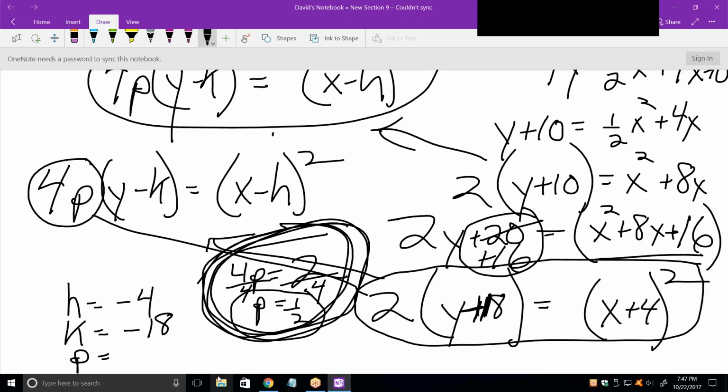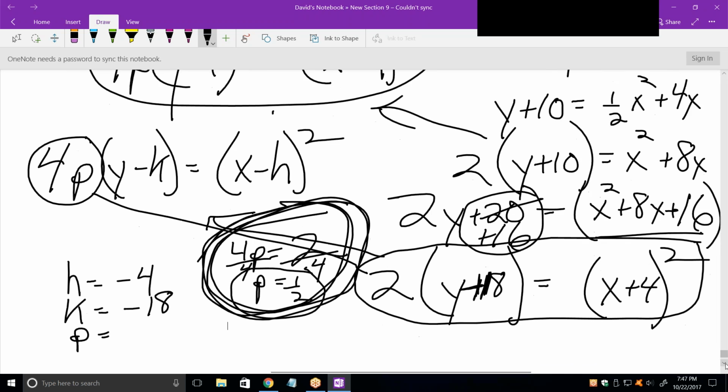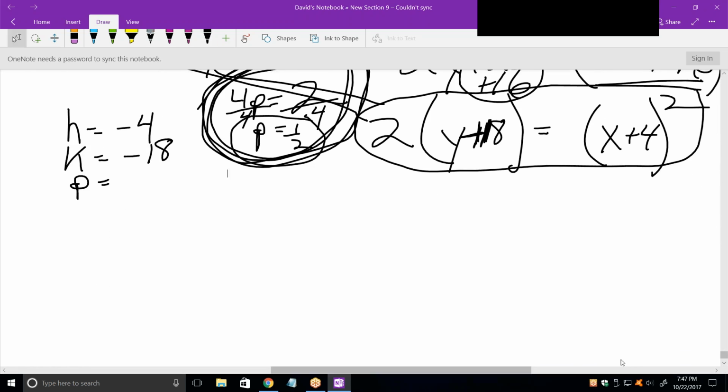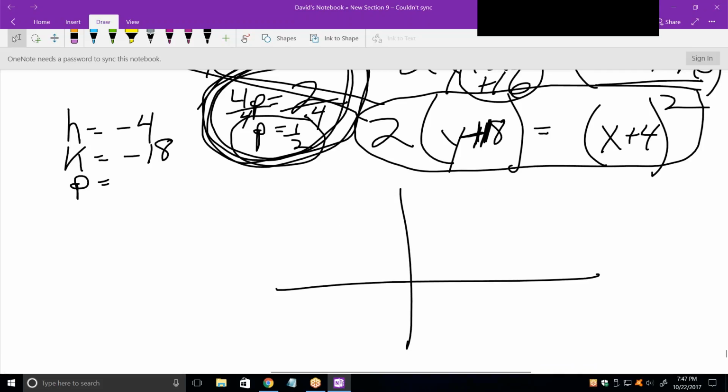We know what P is, we know what H is, we know what K is. Heck, we know how to graph this thing. Okay. That's all you need to graph it. In other words, I know that its vertex is at -4, -18. We'll call it right there, -4, -18.